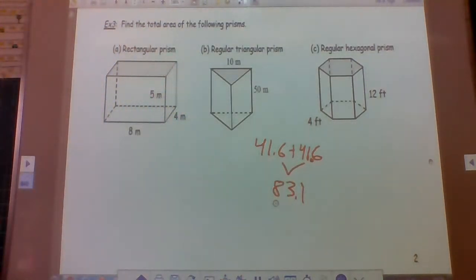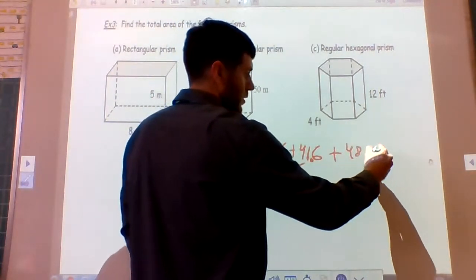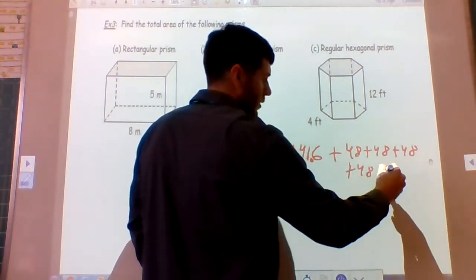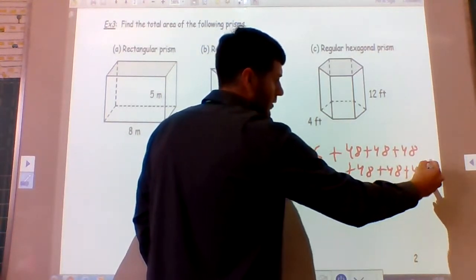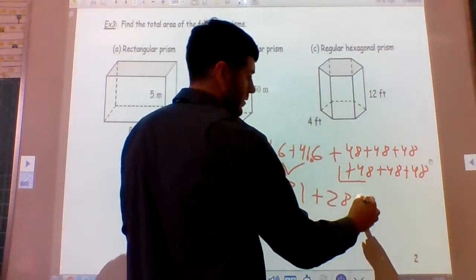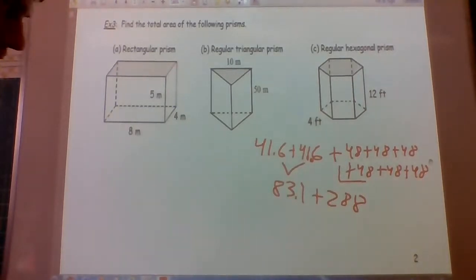Then we found each one of our rectangles was 48, and we had 6 of them. So we had 48 plus 48 plus 48 plus 48 plus 48 plus 48. We found all that to be 288. So 288 plus 83.1 equals 371.1.